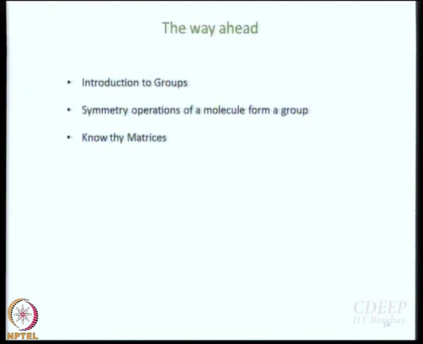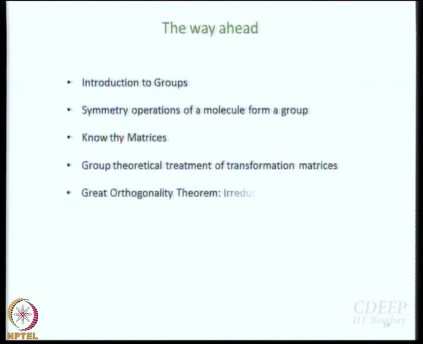Please do not get scared hearing unitary and Hermitian. These are nothing that we cannot handle. We will do it slowly and we will learn together, alright. And then that will prepare us for this group theoretical treatment of transformation matrices, fine.